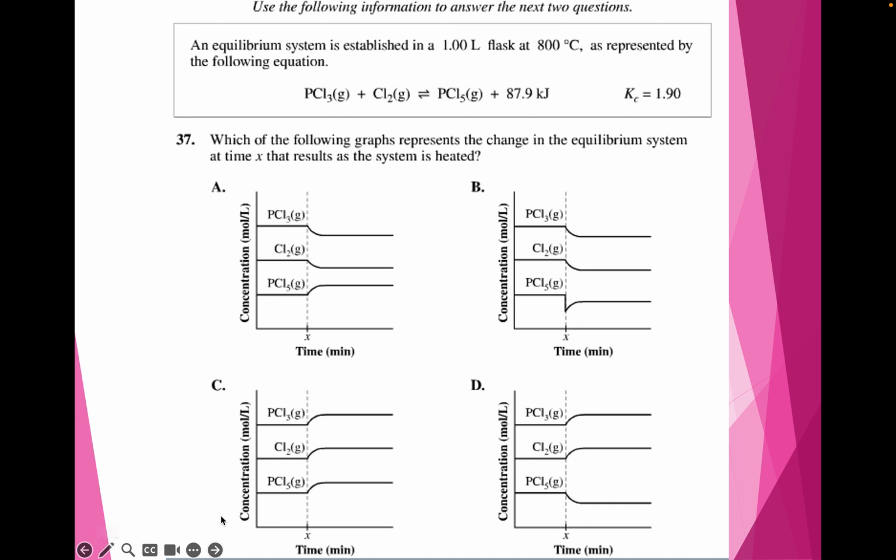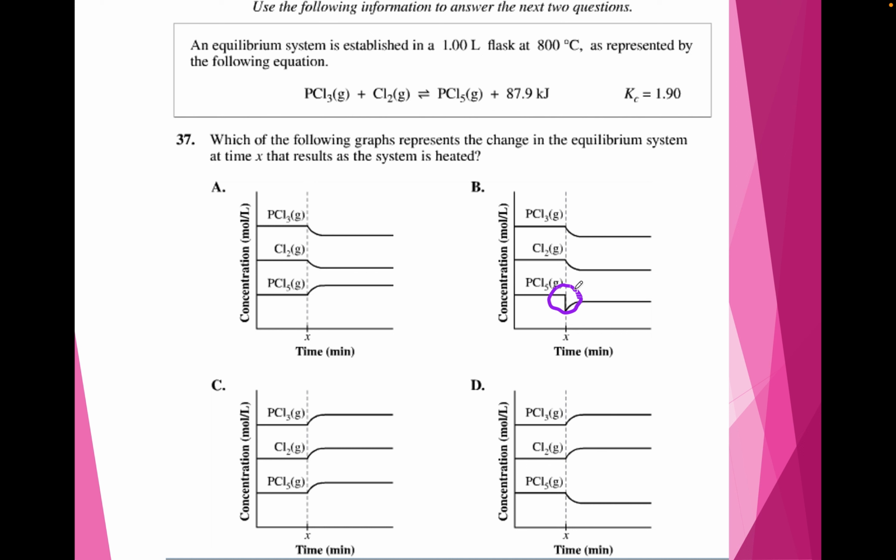Okay. Looking at this, we're seeing our equilibrium system, and it's asking which graph represents a change in the equilibrium system at time X when the system is heated. Right away, we can rule out B, because we have a vertical line going in the downward direction. Anytime you have a vertical line, it's going to show a pressure change or a concentration change.